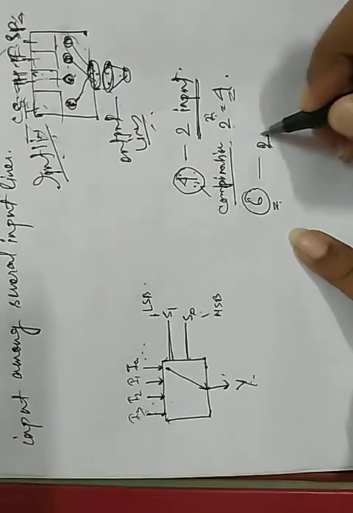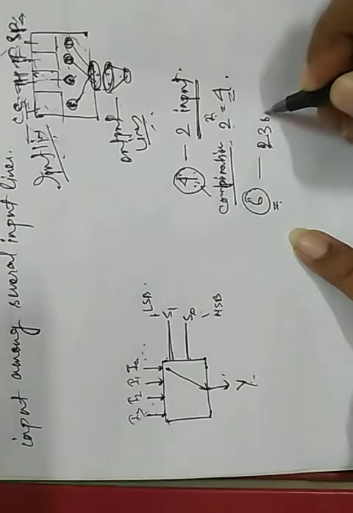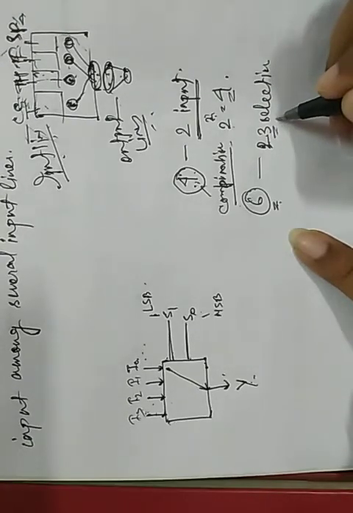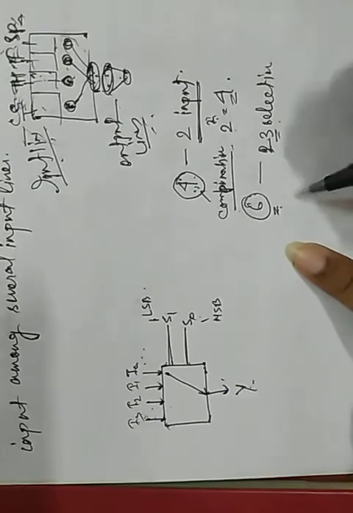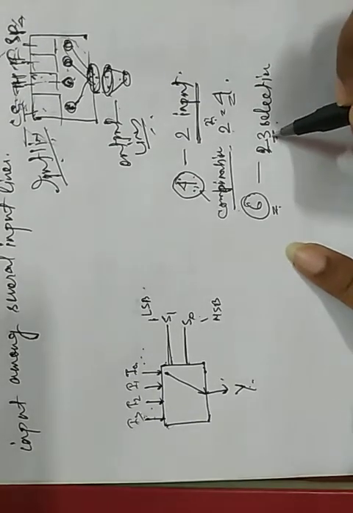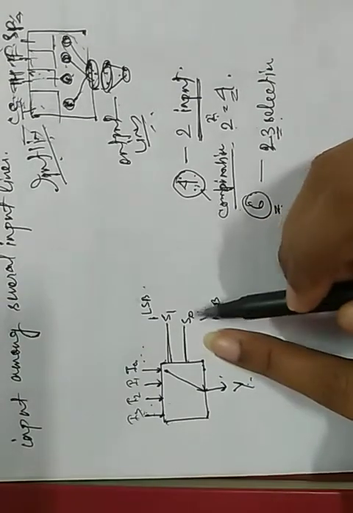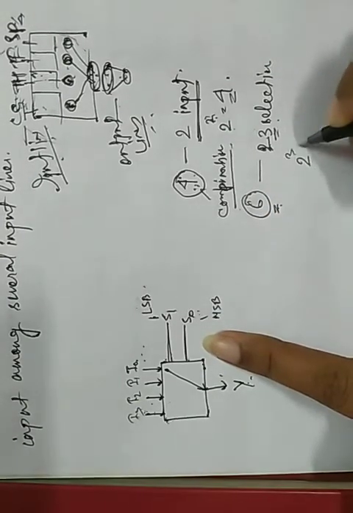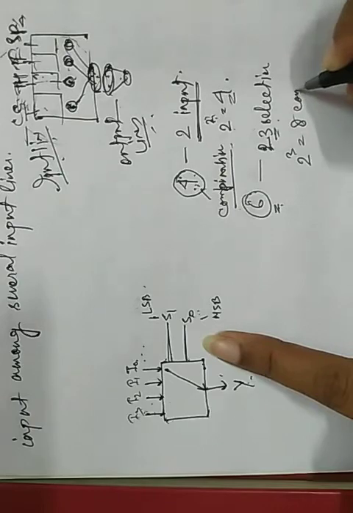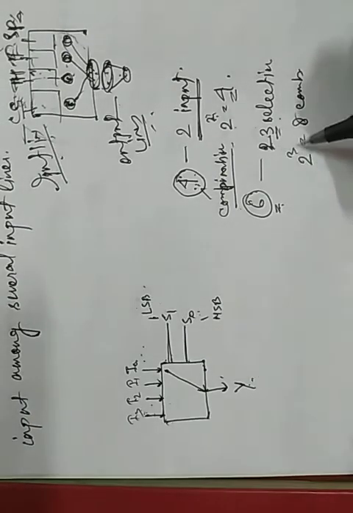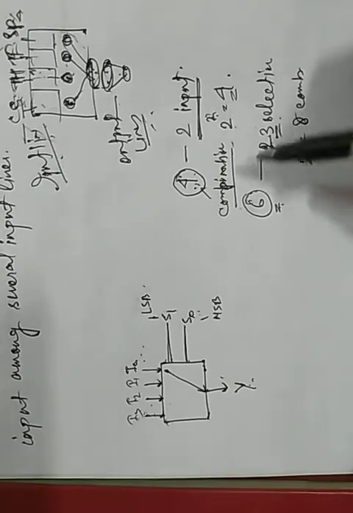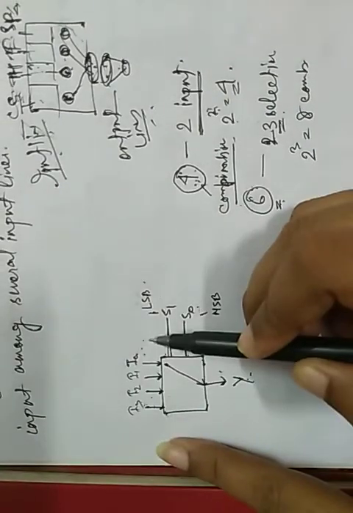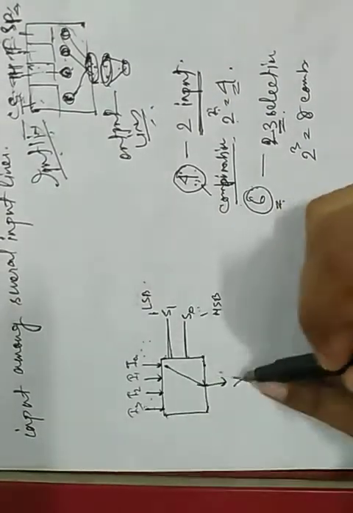So we need 3 selection lines. 3 selection lines means 2 to the power 3 equals 8 combinations. So by using 3 selection lines, we can select any one among 8 input lines.